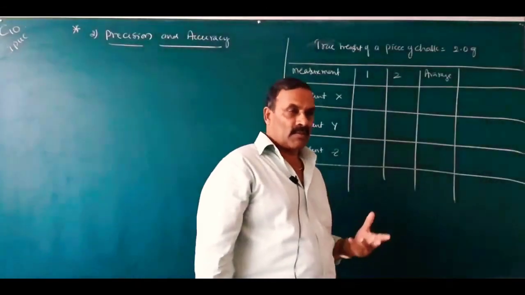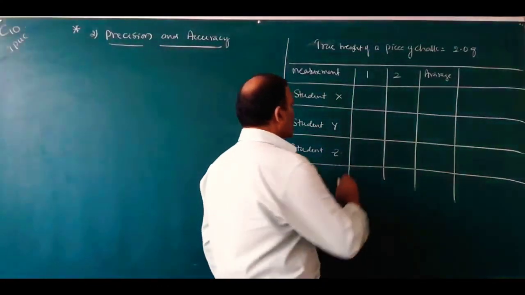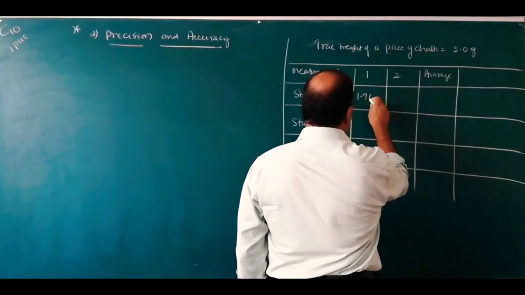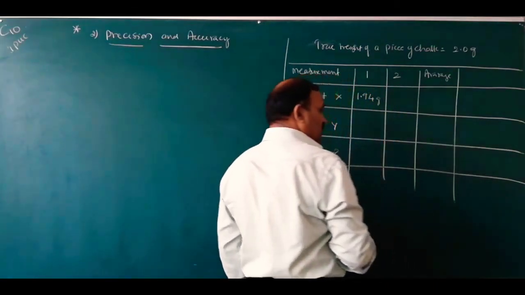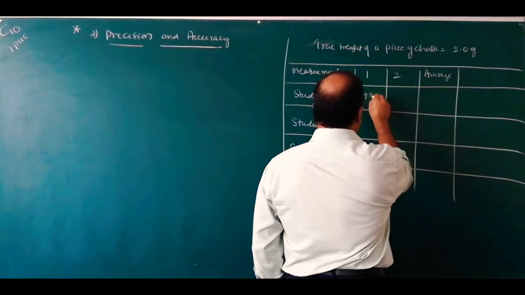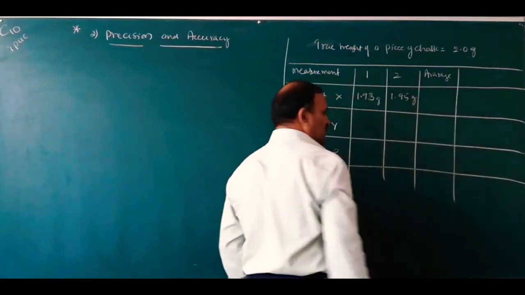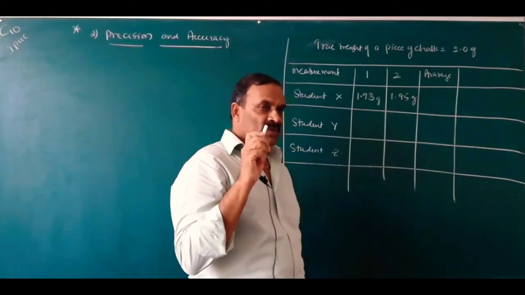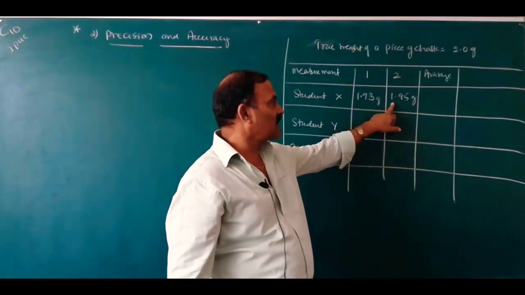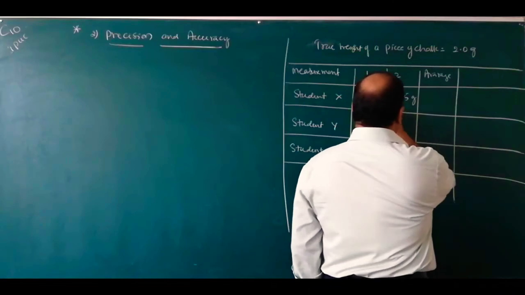He goes to the weighing machine or the balance and reports the weight like this: 1.93 grams in the first trial and 1.95 grams in the second trial. So he weighed 2 times.